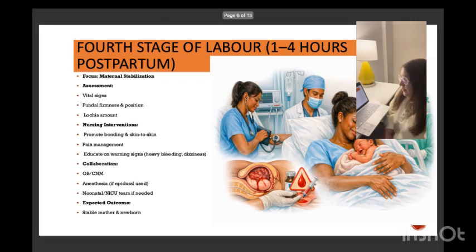Also we do pain management if needed. We also educate about heavy bleeding and dizziness. We teach the mom to void as soon as possible; don't wait too long, just go and void. The expected outcome here is a stable mother and newborn.